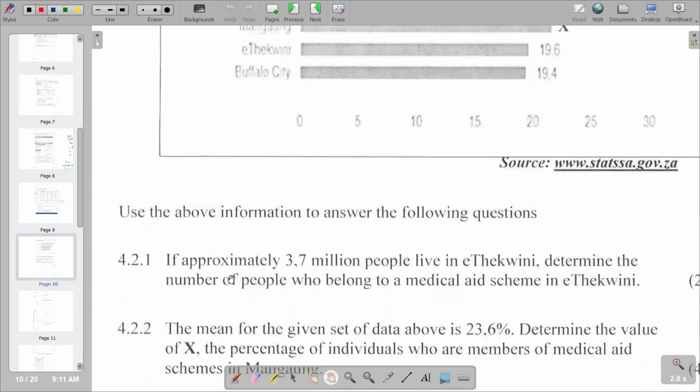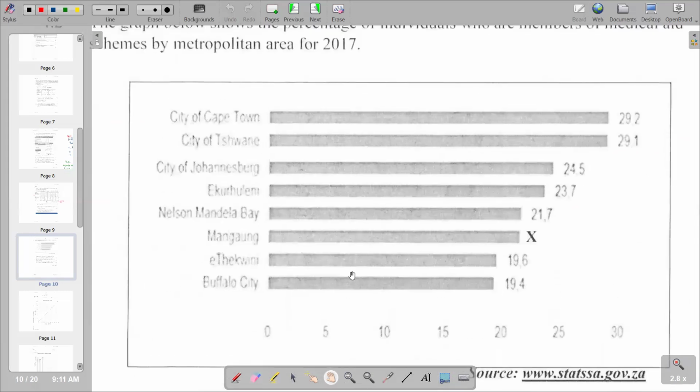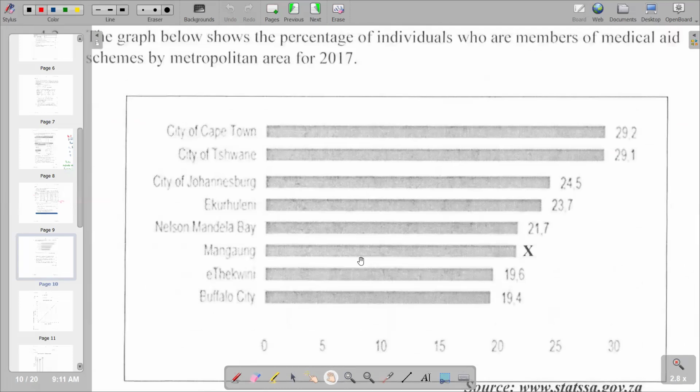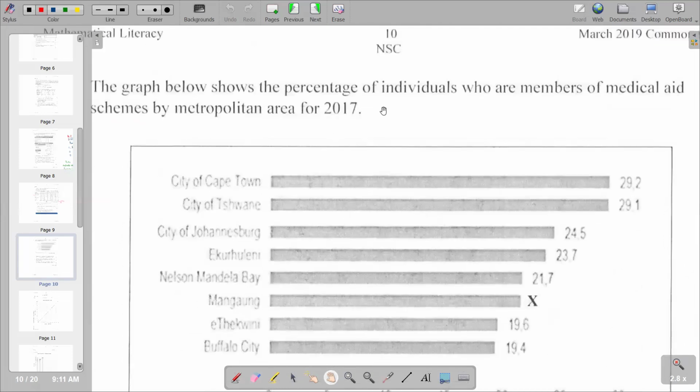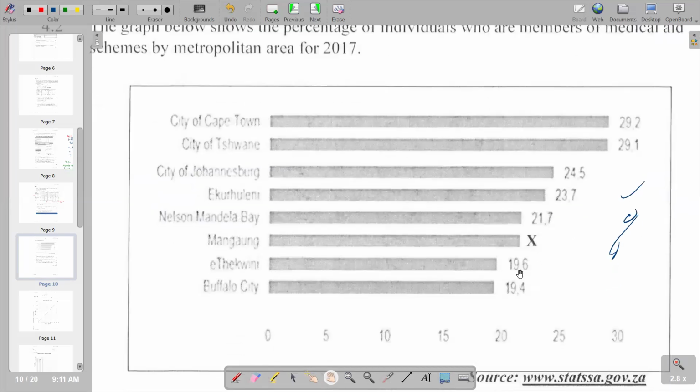According to our question, if approximately 3.7 million people live in eThekwini, determine the number of people who belong to a medical aid scheme in eThekwini. So we see that we are given percentages. These figures that we are given on this side, they are percentages. So for eThekwini, we are given it as 19.6.